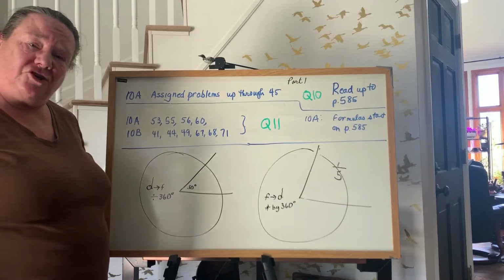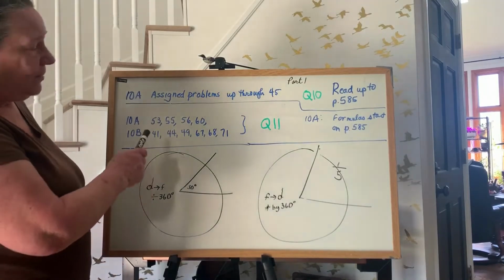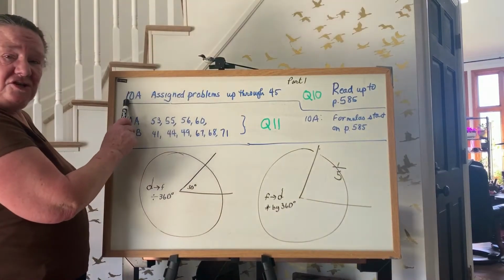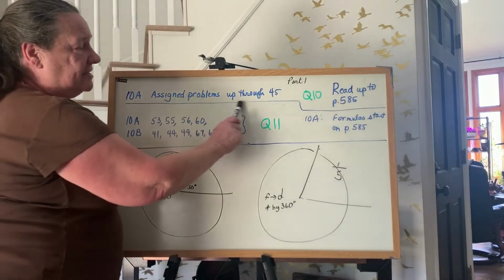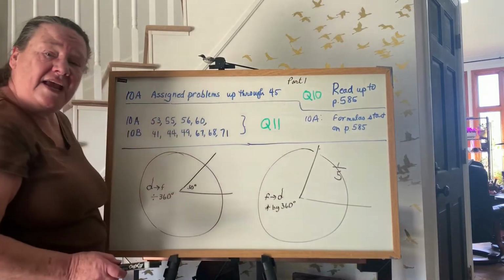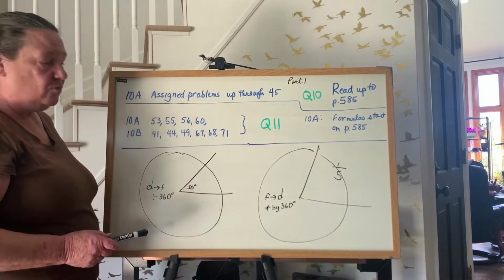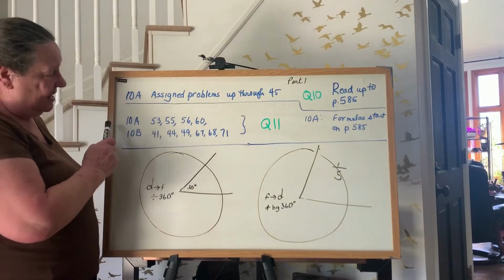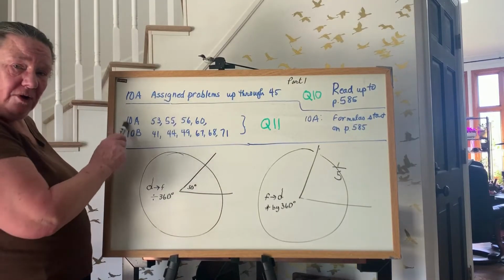Okay, ready for lecture? First of all, I want you to write this down. In section 10A, you have the assigned problems up through 45, and that's what your quiz 10, which is Wednesday, will be on. And then this is your last homework assignment.